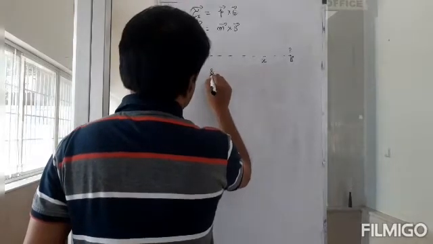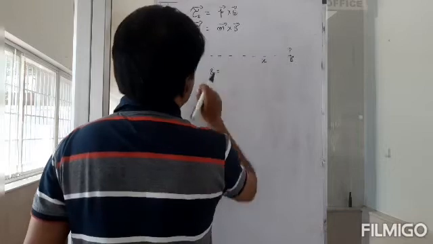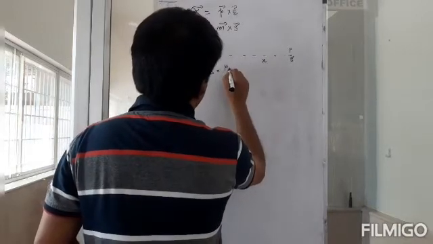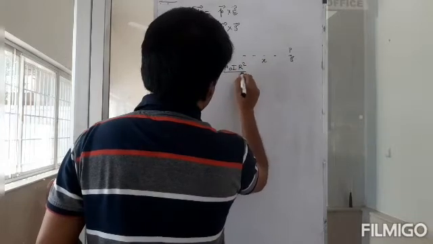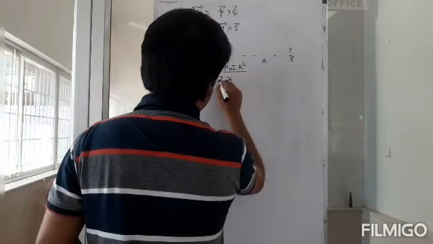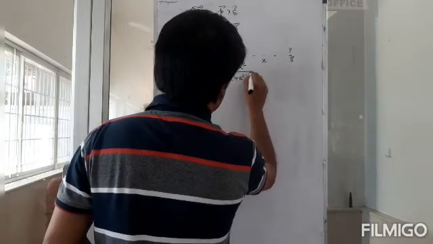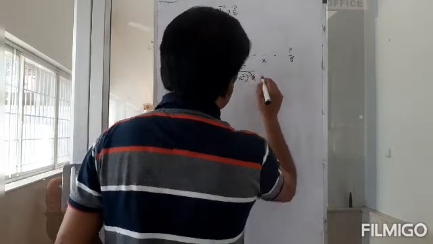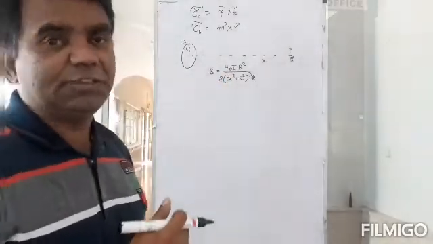B was equal to mu naught I r squared by 2 times x squared plus r squared the whole power 3 by 2. We derived this in one of our videos.